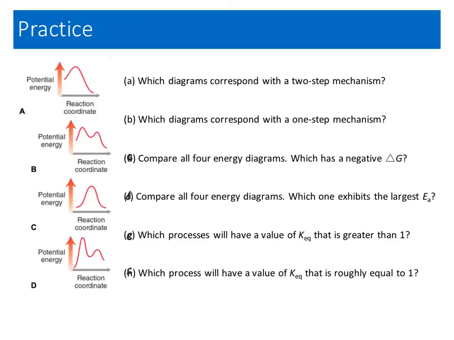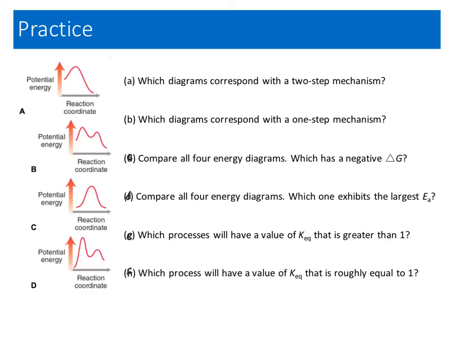Next, practice examples. We have a few diagrams on the left and we want to answer these questions about them. The first question is asking which diagrams correspond with the two-step mechanism. We already talked about it. The number of transition states gives us the number of steps.